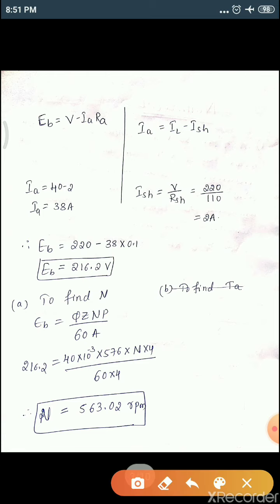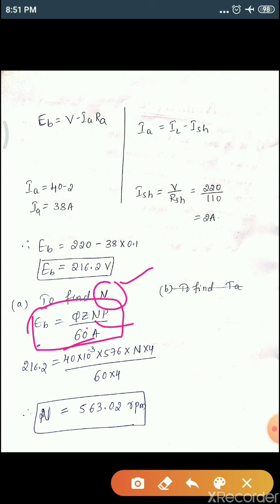Now first they have asked us to find out the speed. To calculate the speed we have this formula: back EMF EB is equal to phi ZNP divided by 60A. In this, N we need to calculate.